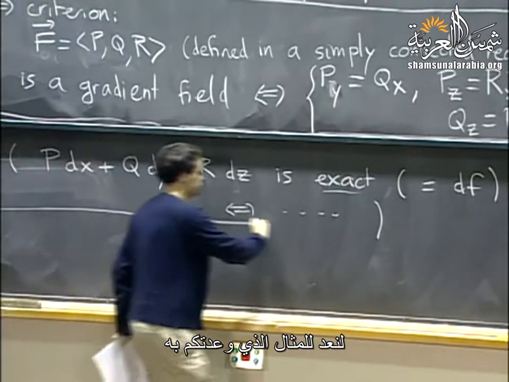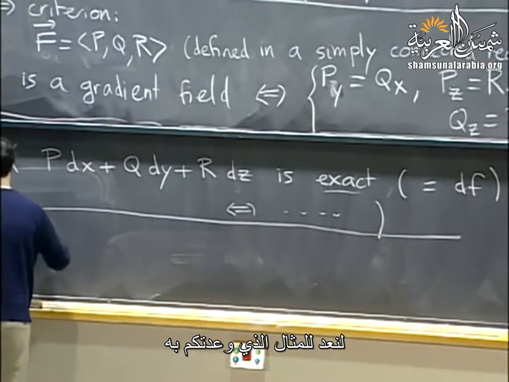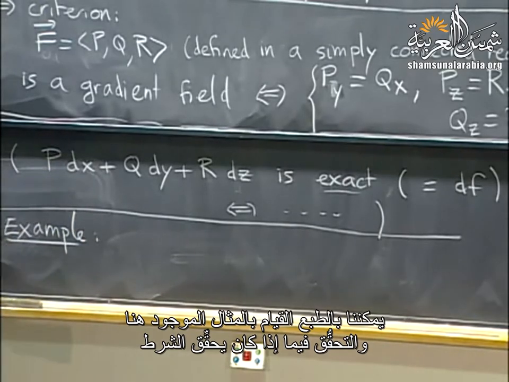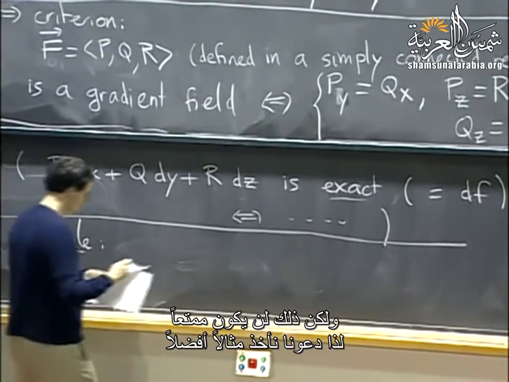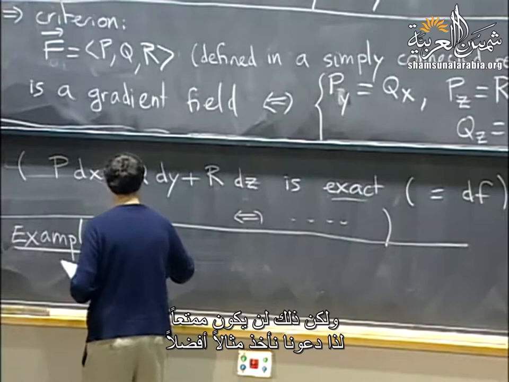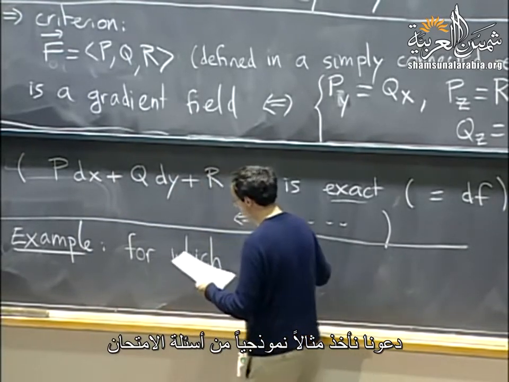Okay, so the example that I promised. Of course, I could do again the same one over there and check that it satisfies the condition, but then it wouldn't be much fun. So let's do a better one. Actually, let's do it in a way that looks like an exam problem.